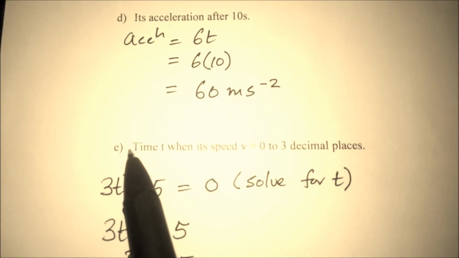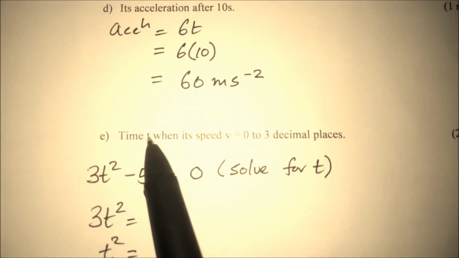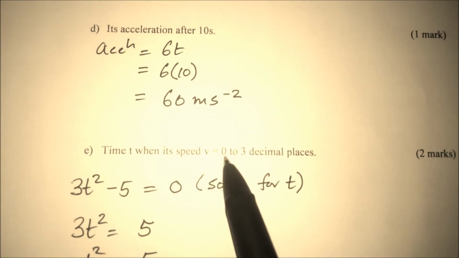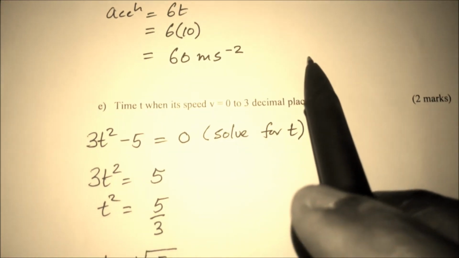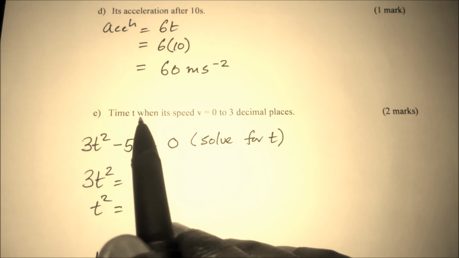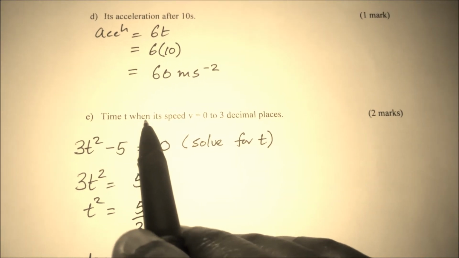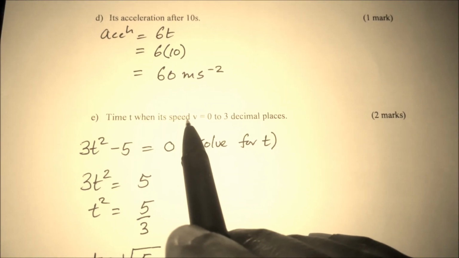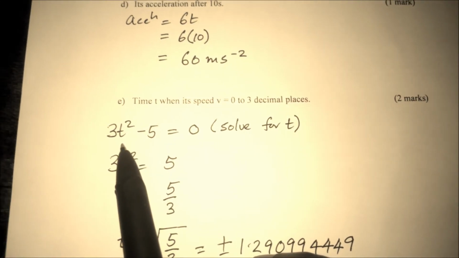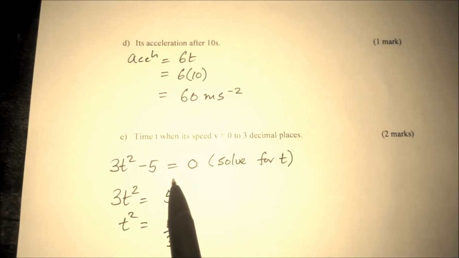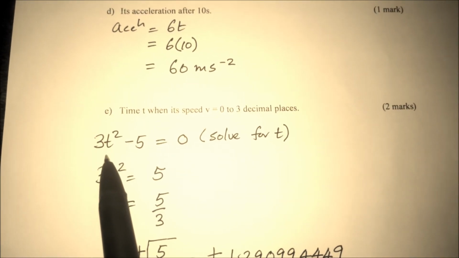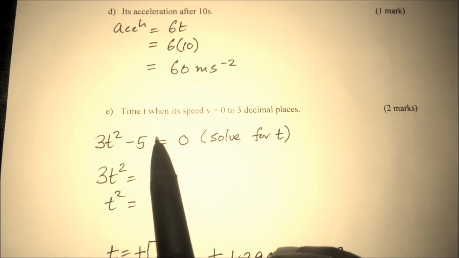Requirement E, we are supposed to get time t when its speed v equals 0 to 3 decimal places. Now, if we want to get the t when speed v equals 0, we equate the expression for v to 0. Remember the expression for v we had? So that 3t squared minus 5 equals 0.